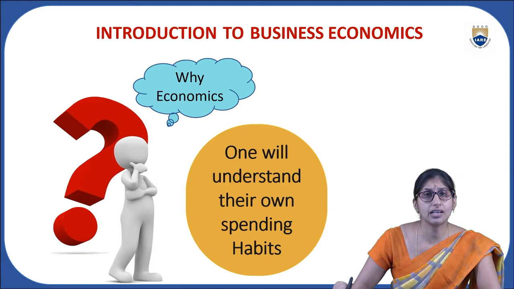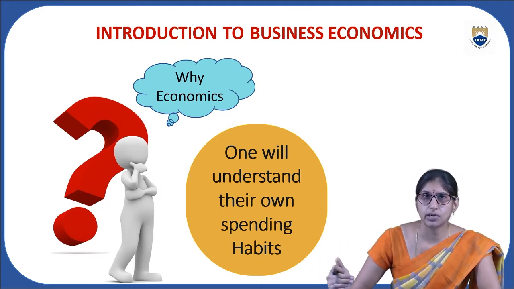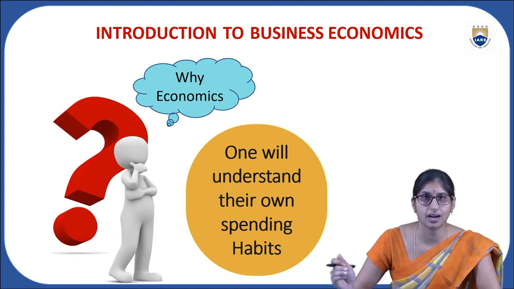Here we have unlimited wants. My aim or goal at this moment is to have a car. When I want to buy a car, what I need to do is earn money to satisfy that want.